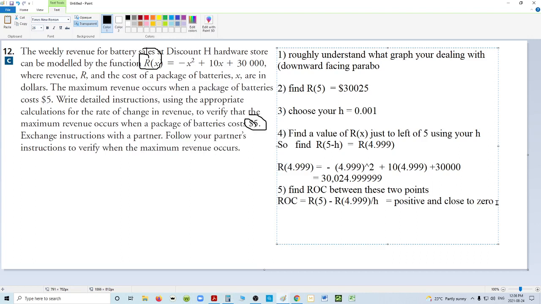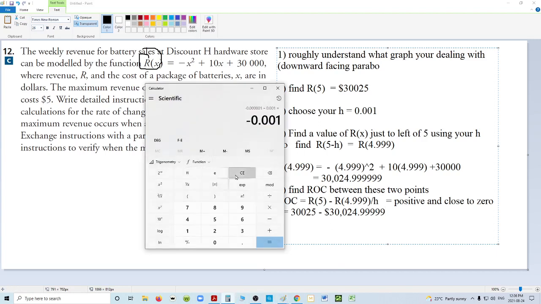Should it be positive or negative? It should be positive, and I subtracted the wrong ones. It should be 30,025 minus 30,024.99999. So I did it the wrong direction. Let's do it again, and that just goes to show how easy it is to get the wrong thing.